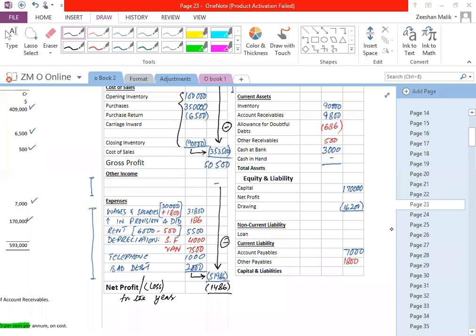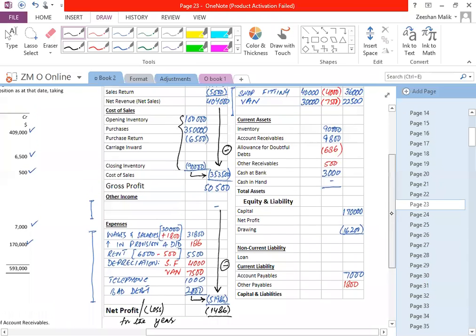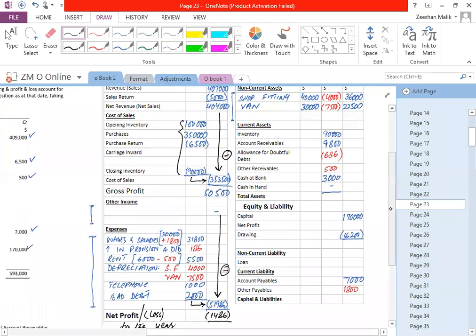Let me move towards the financial position. This amount, look at carefully, this amount goes to capital. ये बिजनेस किसका? ओनर का. ये प्रॉफिट किसका? ओनर का. ये लॉस किसका? ओनर का. The profit or a loss belongs to the owner.